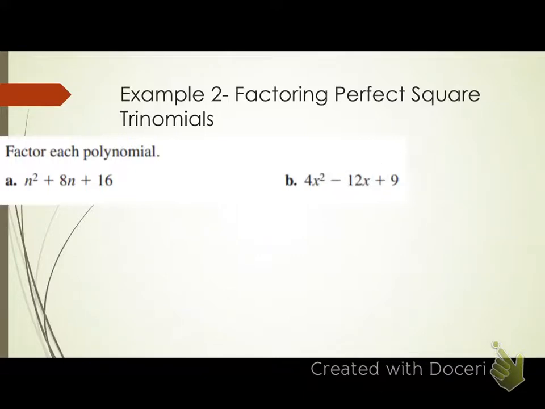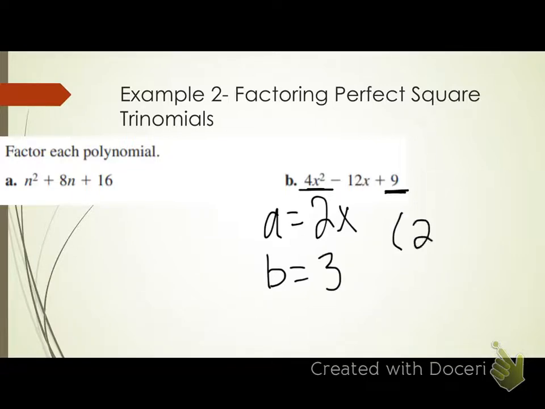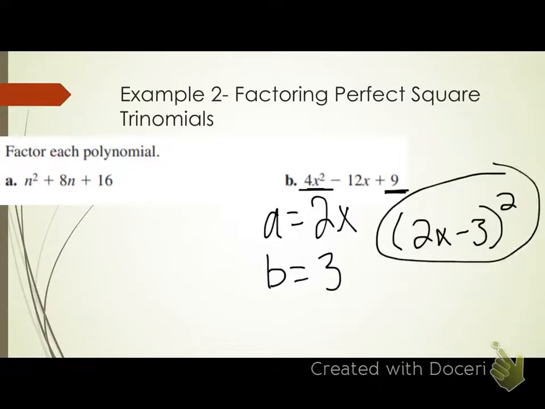So my a value would be 2x in this case. Just taking the square root of 4x squared gives me 2x. My b value would be taking the square root of 9, which is 3. And so I get 2x minus 3 squared, and there'd be my answer.